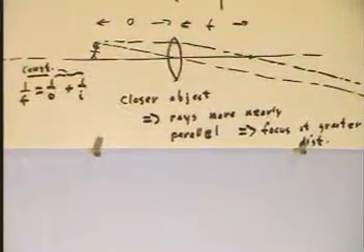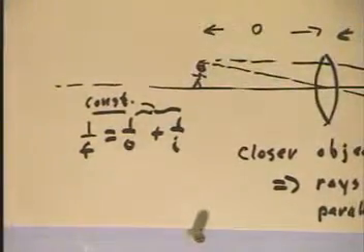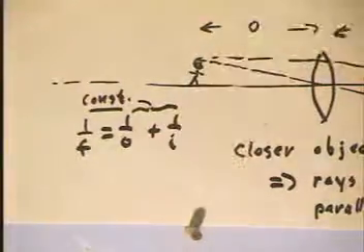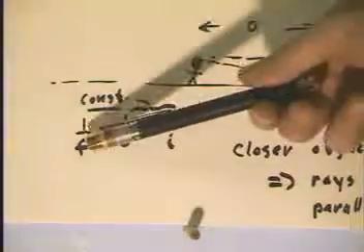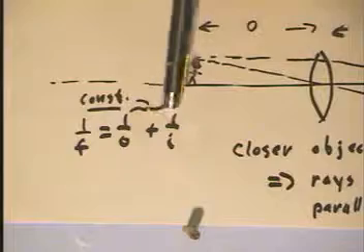Now that's exactly what happens if we think about this equation. 1 over f equals 1 over O plus 1 over I. For a given lens, the focal length doesn't change. The only things that can change for a given lens are the object and image distances.